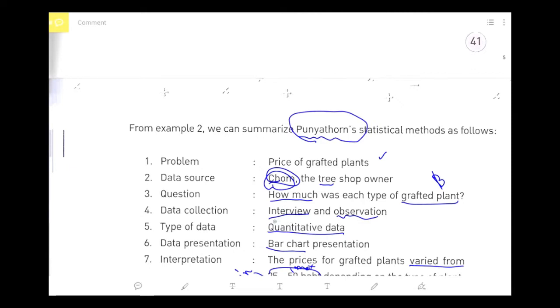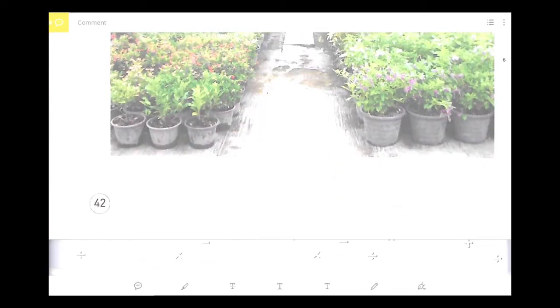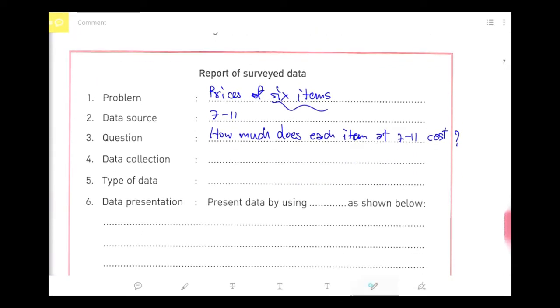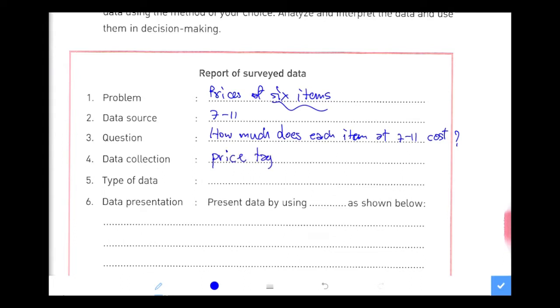The price tag is something like a sticker stuck on the item, and it has the price on it. So for data collection you would just write price tag. As for the type of data, price is a number that you can do anything with, so it's going to be quantitative.